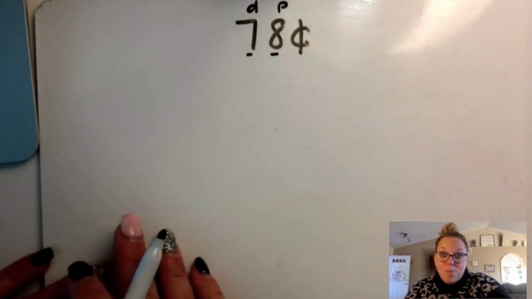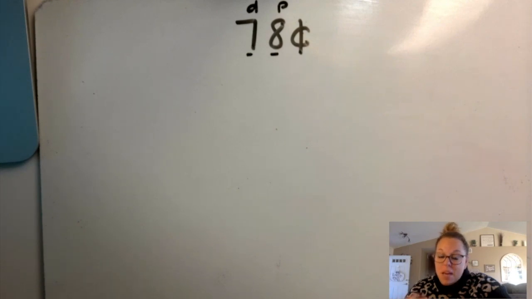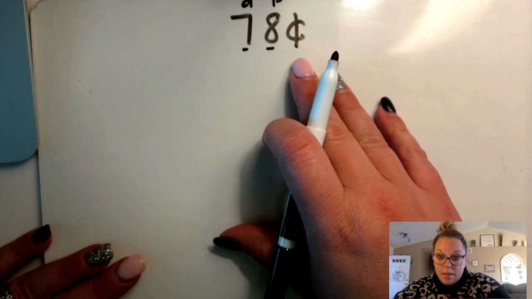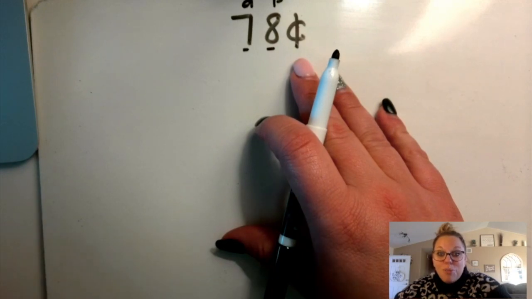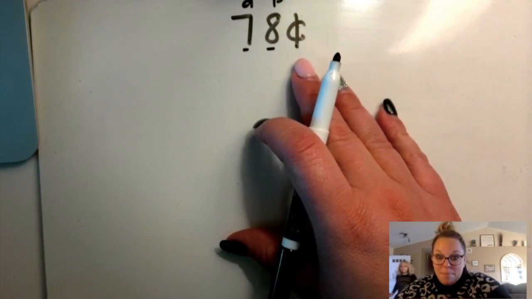If you have a whiteboard, you could use your whiteboard as well. So we're going to show 78 cents. I'm going to start with dimes because my choices are dimes and pennies right now. And we want to get as close to the total as we can with our dimes because they're worth more money and it takes less of them.